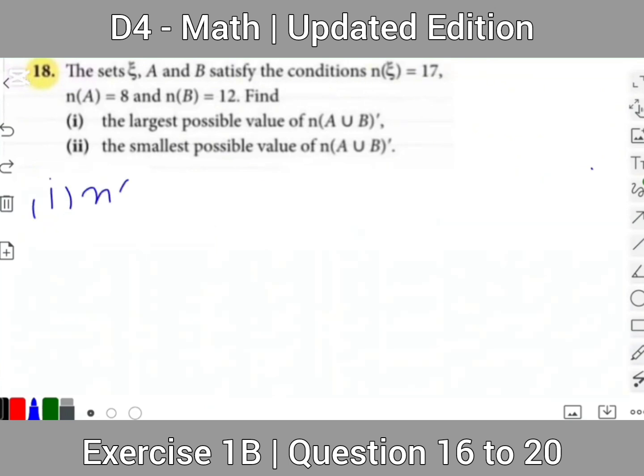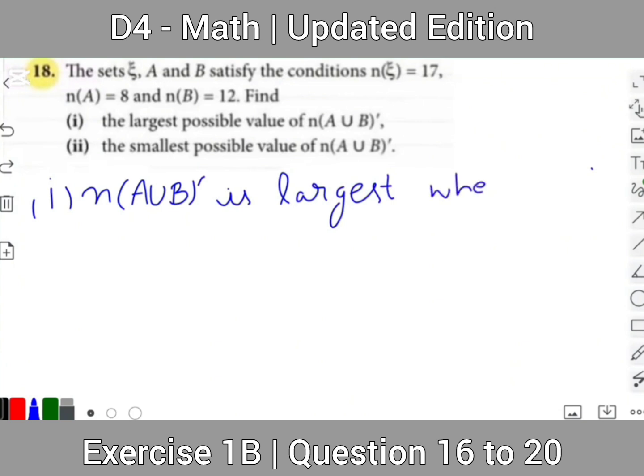The number of elements in the set (A union B) whole complement is largest when n of A union B is the smallest.